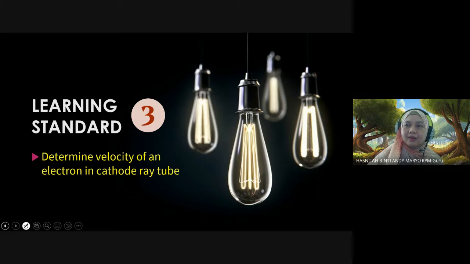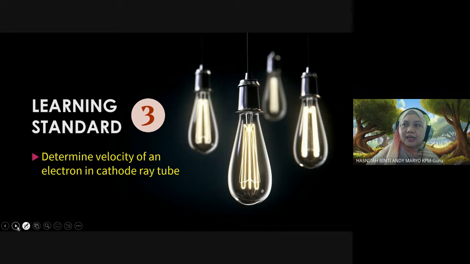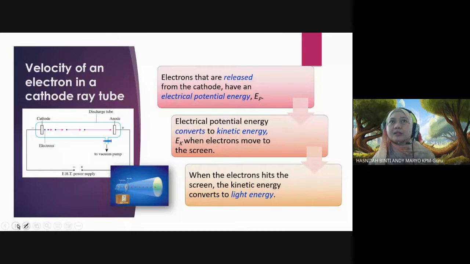Okay, then this is the third learning standard: to determine the velocity of an electron in a cathode ray tube. Just now we said they will travel at a very high speed. The electron that is released has electrical potential energy due to the high potential difference here. Once they travel, they convert electrical potential energy to kinetic energy.